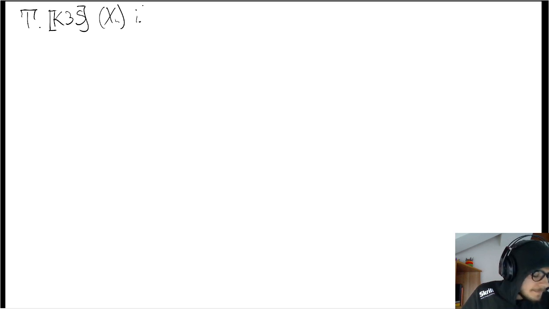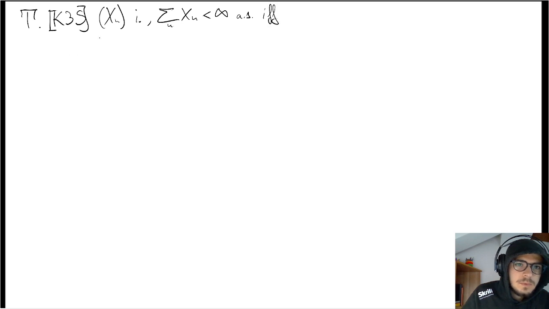Let's try to get more familiar with this. So Kolmogorov three-series theorem. If we have a sequence Xn of independent random variables, we have that the sum of them converges almost surely if and only if the following three series converge.